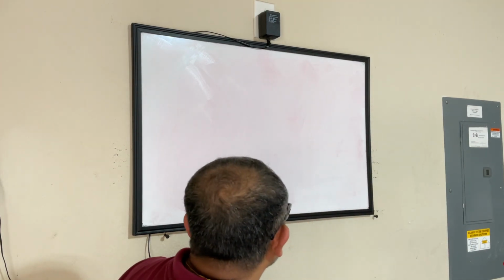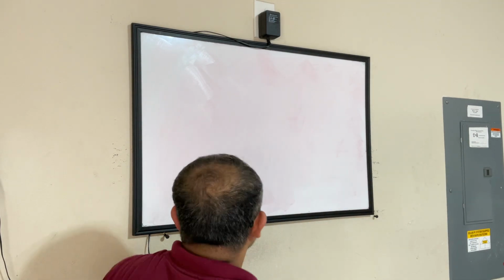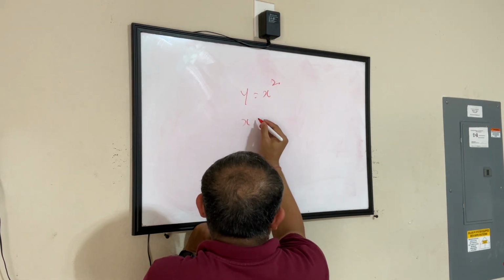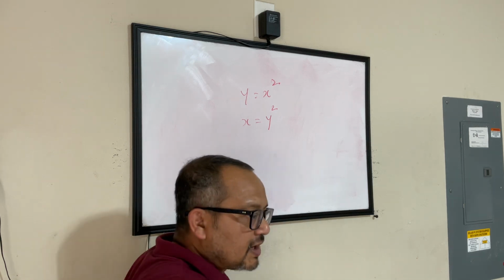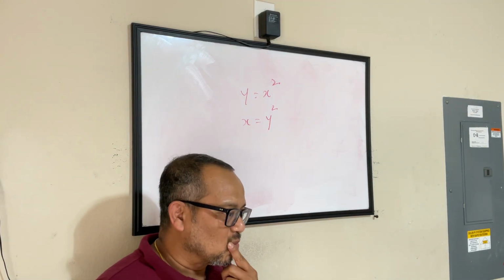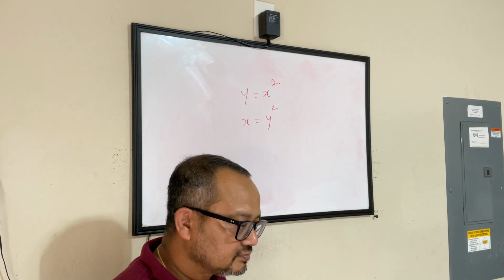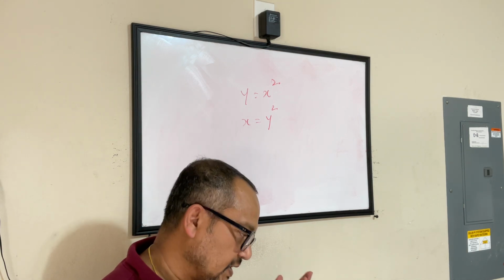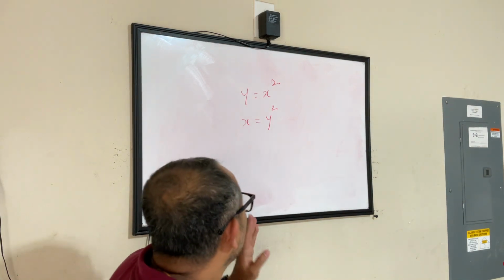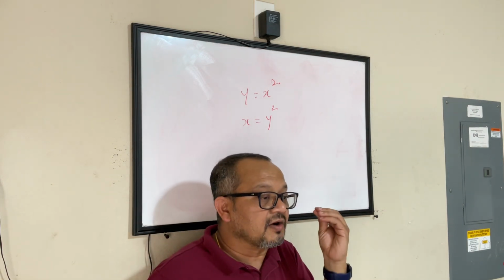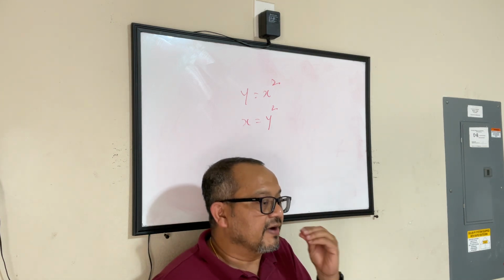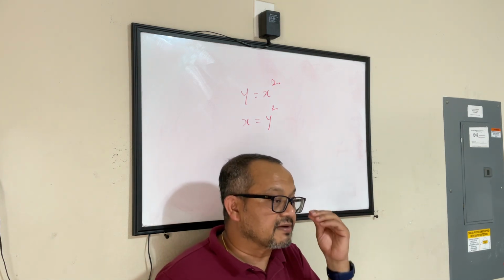Let's look at two situations. If I have y equal to x squared versus x equal to y squared, are these both quadratic equations? Yeah, they are both quadratic equations, because my basic definition of a quadratic equation is an equation where the maximum power of one of the variables is 2.